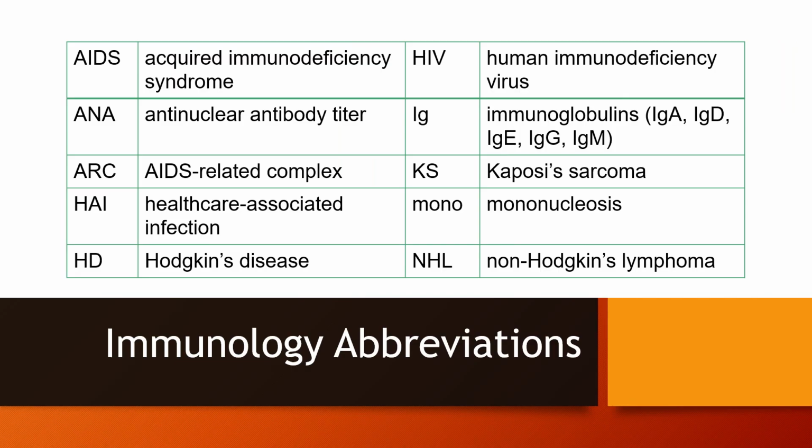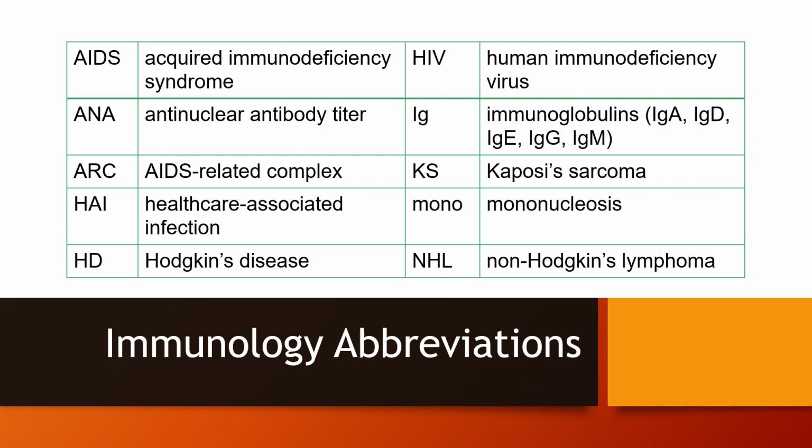All right, let's review some immunology abbreviations. AIDS, acquired immunodeficiency syndrome. ANA, anti-nuclear antibody titer. ARC, AIDS-related complex. HAI, healthcare-associated infection. HD, Hodgkin's lymphoma. HIV, human immunodeficiency virus. IG stands for immunoglobulins, and there are multiple types of them: IgA, IgD, IgE, IgG, and IgM.